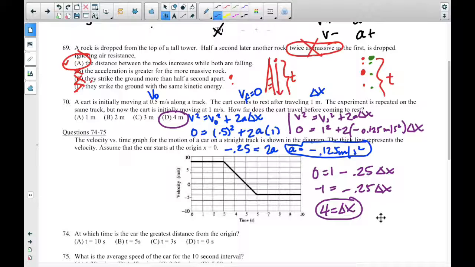This one is going to go 4 meters. The point that this question is trying to get at, which is a common point in AP physics, is that just because something is doubling doesn't mean necessarily that the result is doubled. In other words, we had velocity of 0.5, and now we have velocity on the second one of 1.